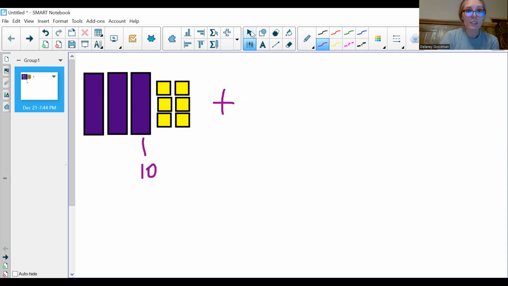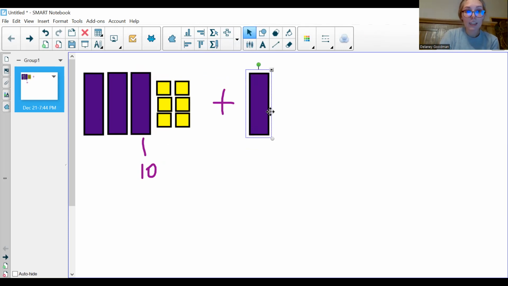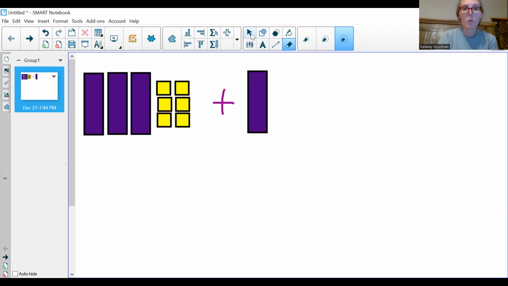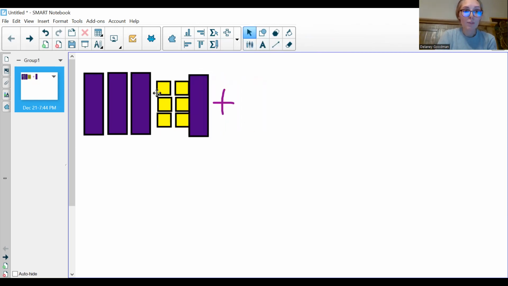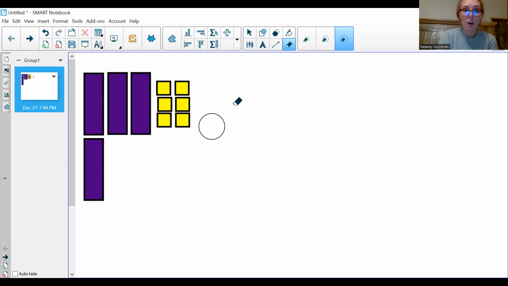So can't I just add another 10? Can I just do that? Yes. So you have the 36 stuffed animals plus the 10 more that his mom gave him. So what do we need to do now? We need to put them together and figure out how many stuffed animals he has in all.